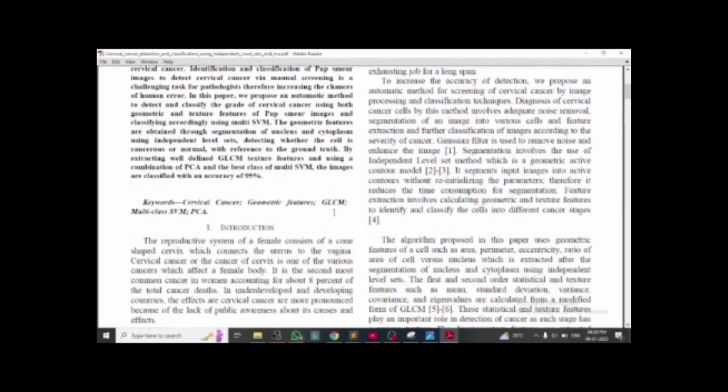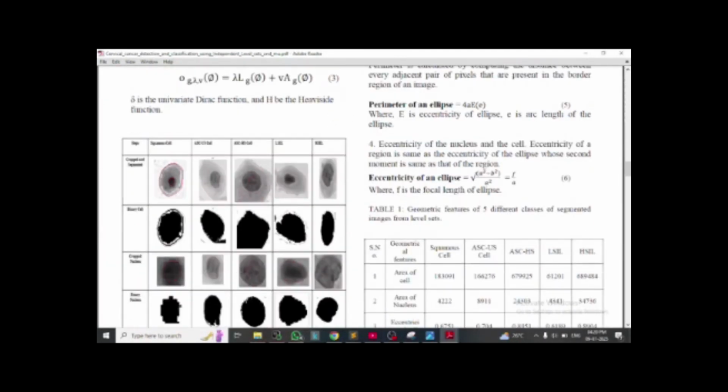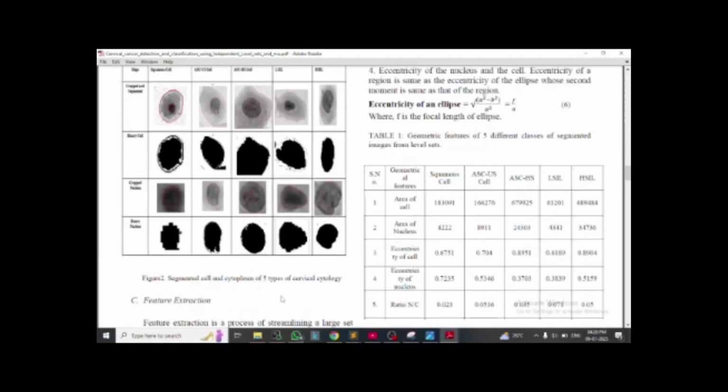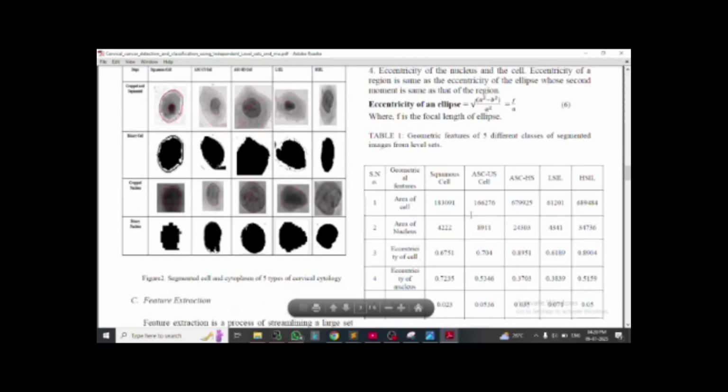See how this paper shows segmentation of cells and cytoplasm of five types of cervical categories, and this is a table of geometrical features of five different classes of segmented images from level sets.